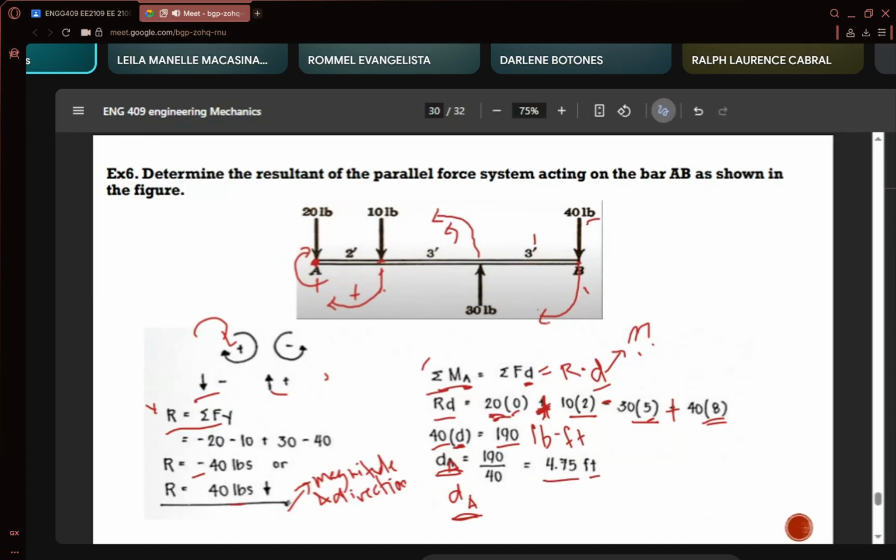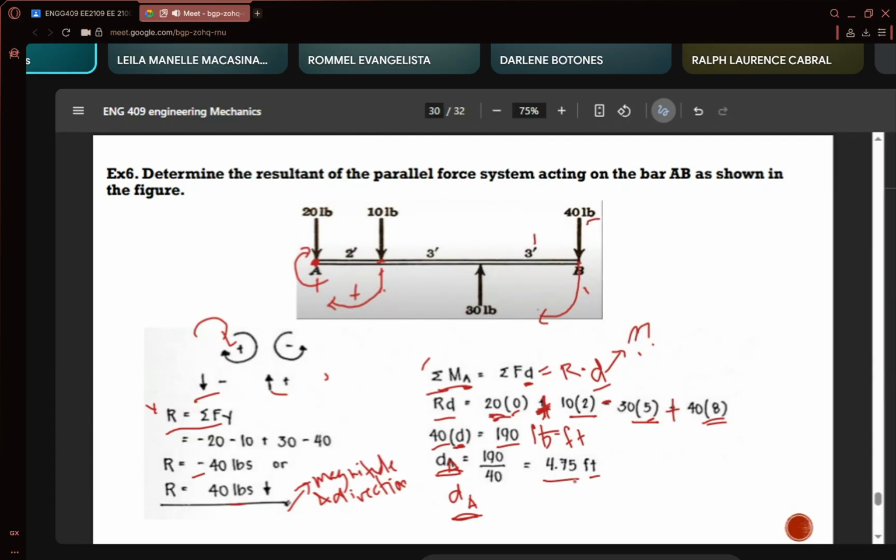Now if we plot the resultant force on the figure on the bar, you might be asked to draw that also. If we were to draw it on the bar, it would look something like this.